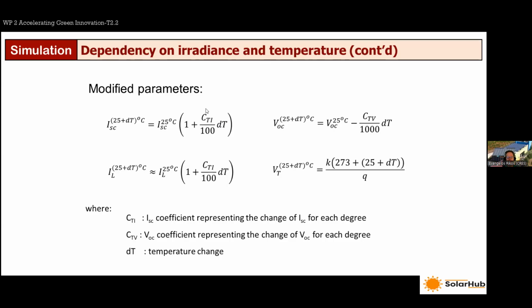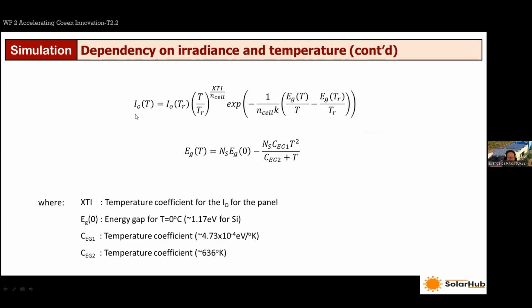But all manufacturers provide this variability of voltage, current, and power for modules depending on temperature. So these coefficients here, CTI and CTV, are known beforehand. And we can use all these formulas to calculate the parameters of the parametric model for different temperature. Also these parameters, the saturation current for the diode, etc.